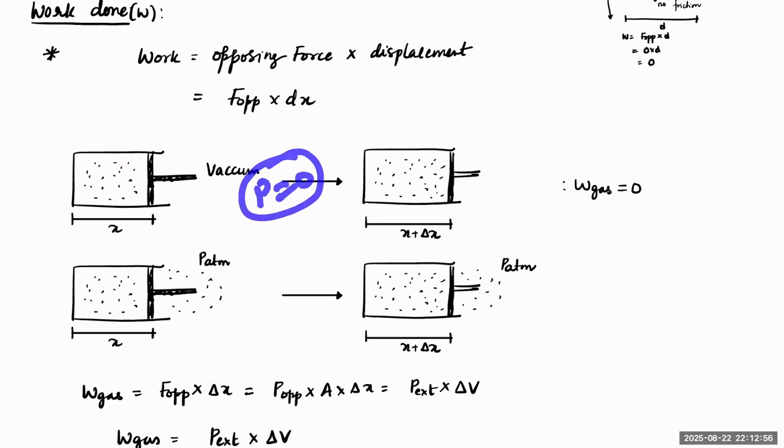So there is a pressure difference created here. Due to this pressure difference, the piston will start moving, so X will convert into X plus delta X because the length of the column will increase.